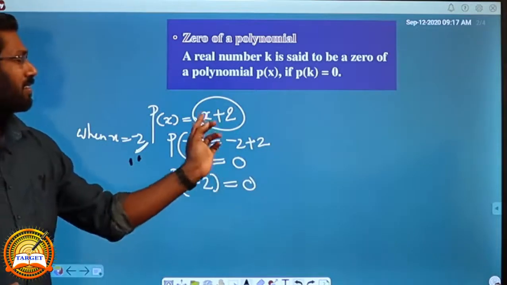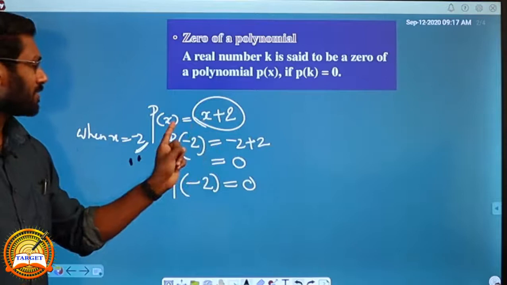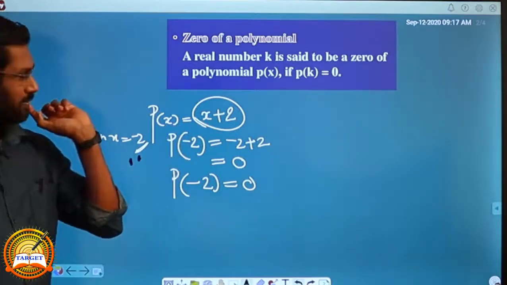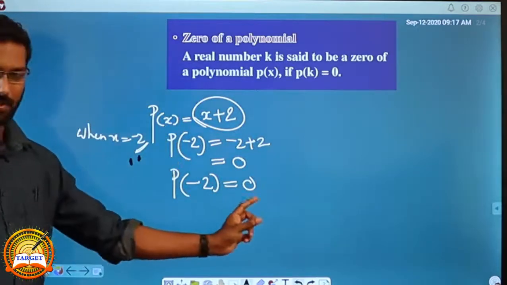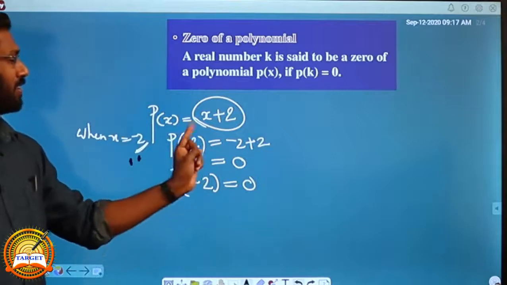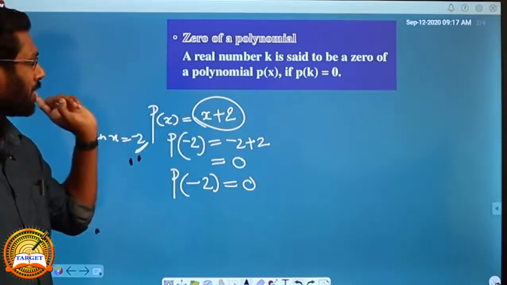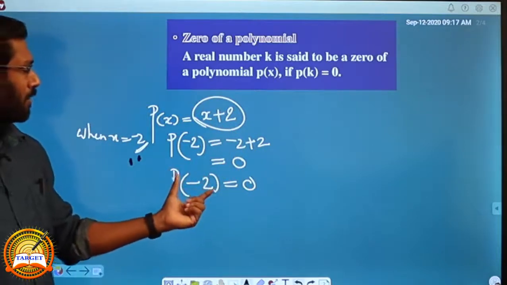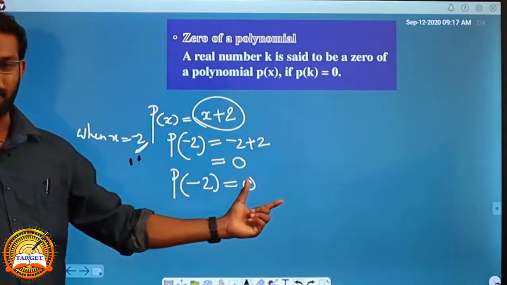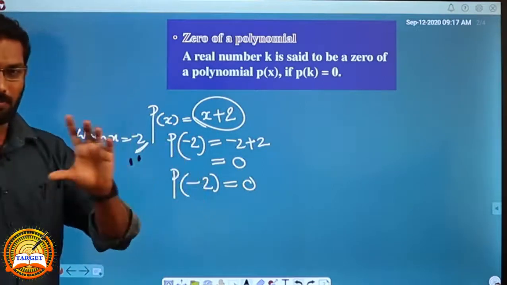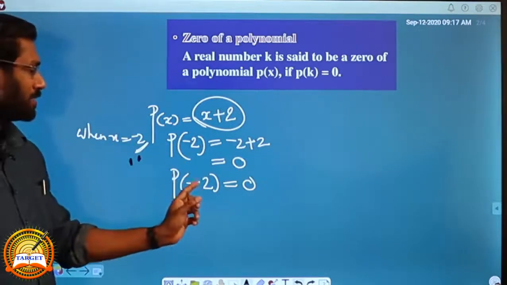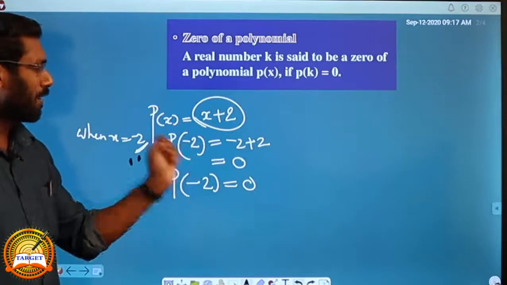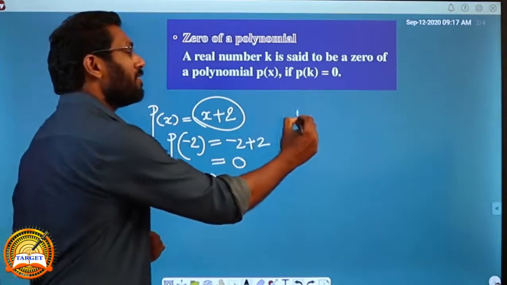That means by giving the value for this variable, the polynomial becomes 0. That is, the value of the polynomial became 0 when x is equal to -2. Okay, be careful.